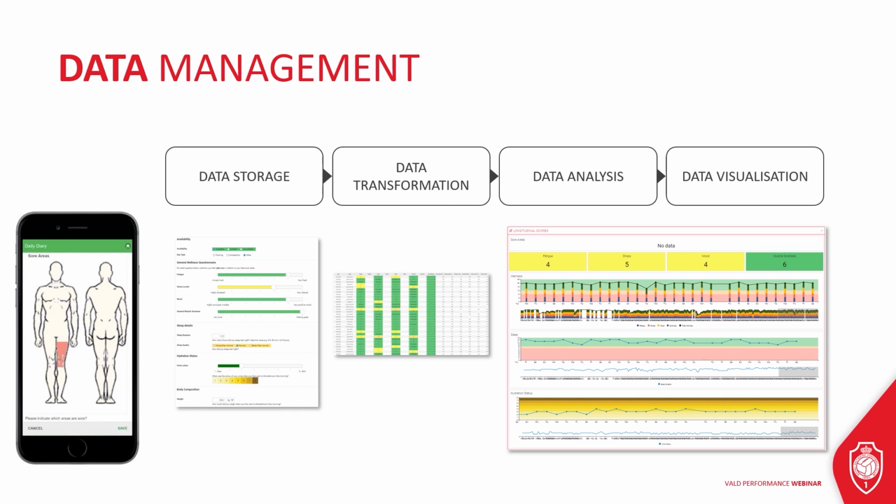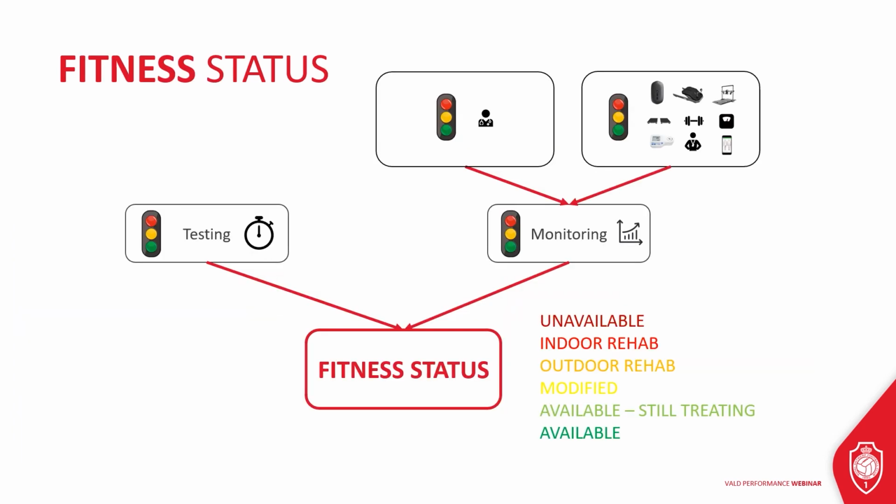From this data, you make some analysis, you make graphs, you make different dashboards where you can maybe flag players, where you can show warnings and so on different data the players fill into the questionnaire.